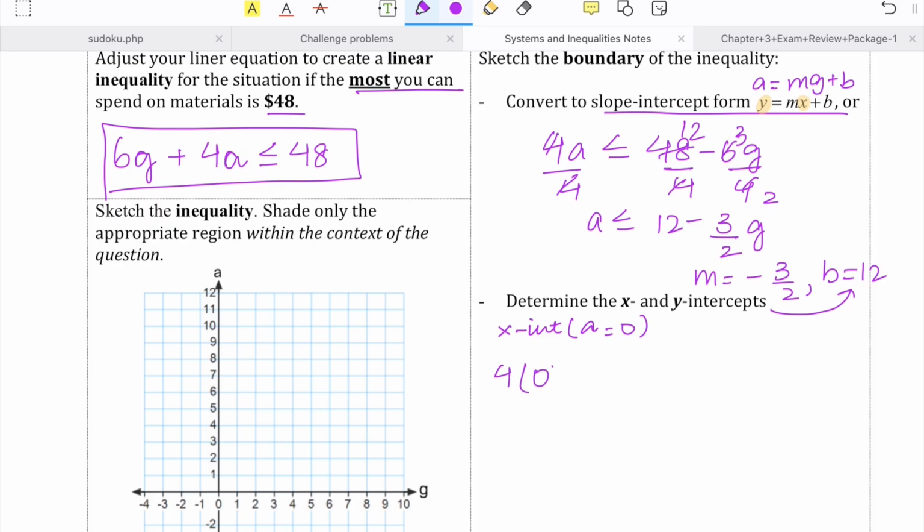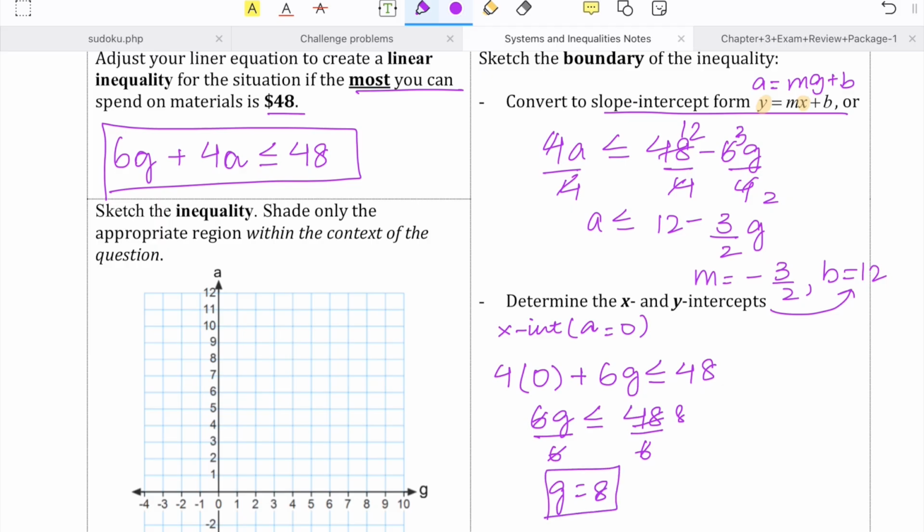So 4 times 0 plus 6g is less than or equal to 48. 0 plus 6g is 6g less than or equal to 48. Divide both sides by 6 and you get g is equal to 8. Okay, so that will be one of your points. So you have 8, 0, and then over here you have 0, 12. So I can put them on the graph, right?